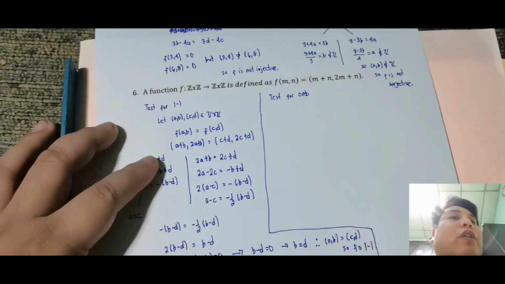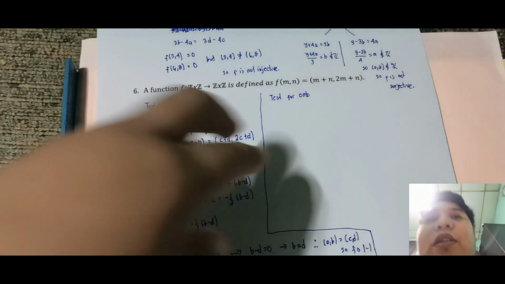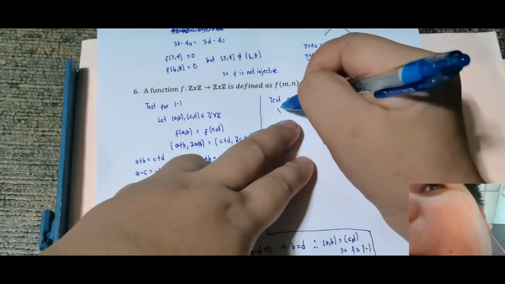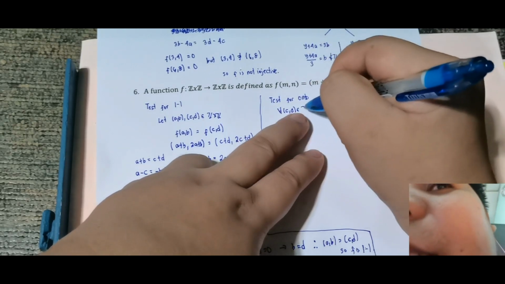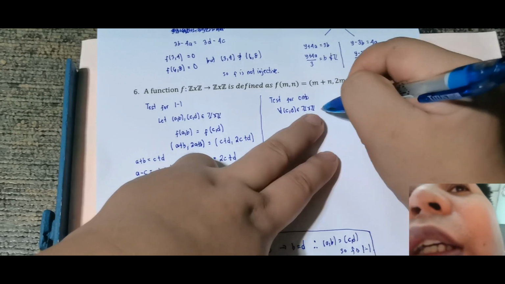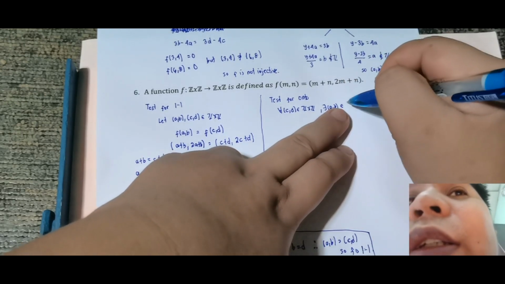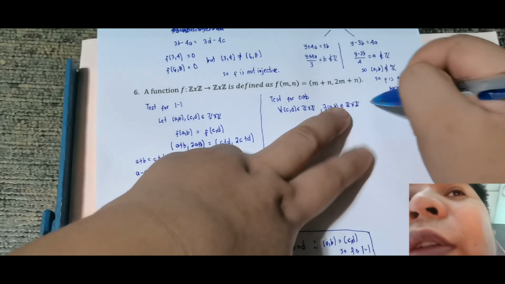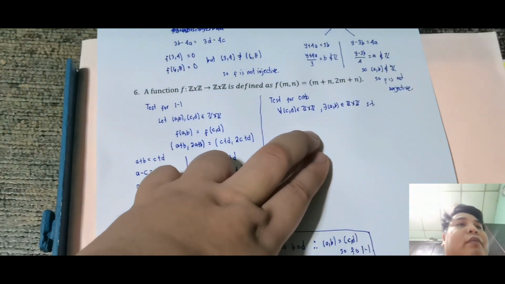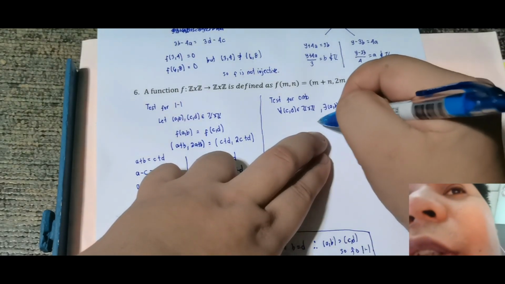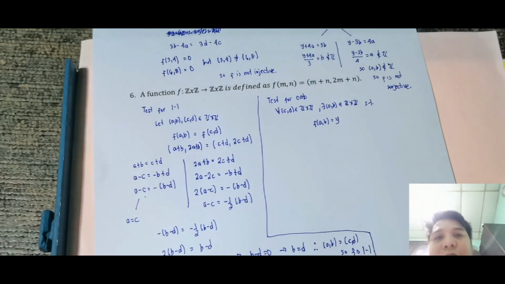So let's have for all x comma y. So probably coordinates to coordinates. So gawin ko na lang, for all c comma d, element of Z cross Z, there exists a comma b, element of Z cross Z pa rin, such that f of a comma b is equal to y.